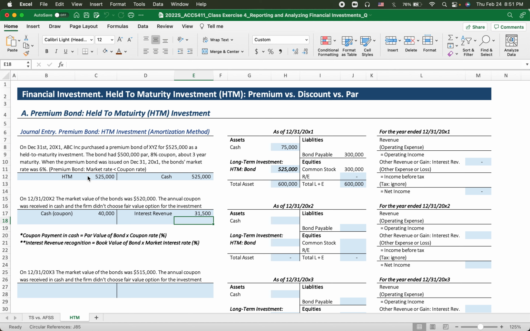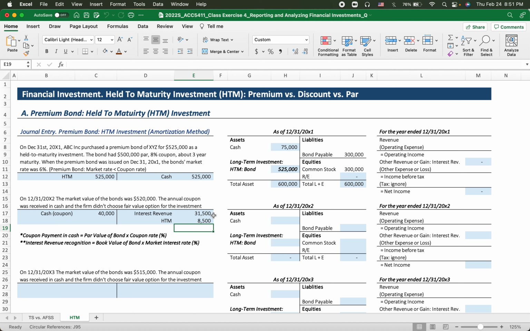Now, what is the difference between the two? The ABC company purchased this bond and received a greater amount of coupon than interest revenue, right? So by this amount, HTM, held to maturity, must be reduced. So 8,500 is going to be reduced because the coupon amount is greater than interest revenue.